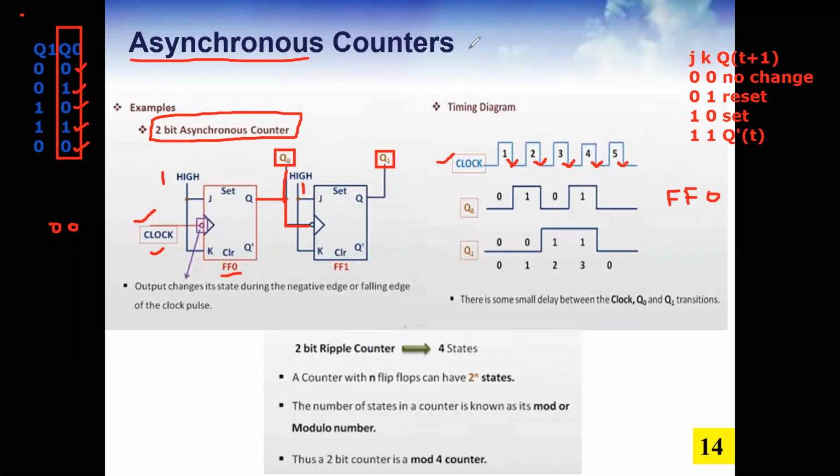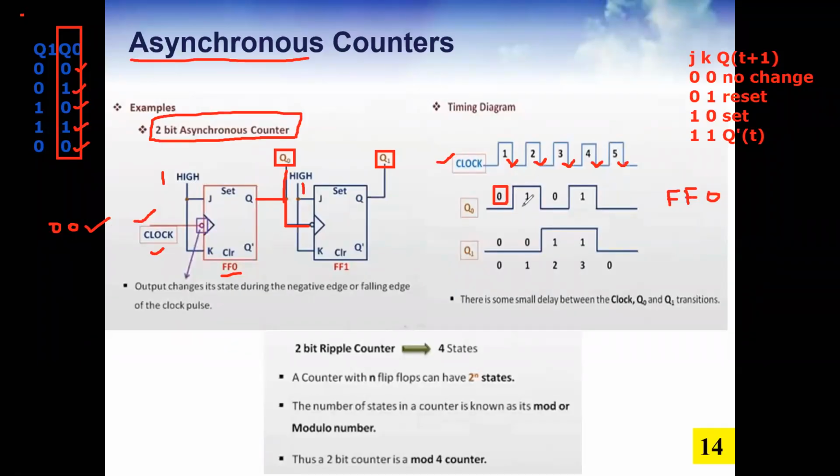All right. So now, as the clock comes, the status of both flip-flops is 0 0. Q0 is 0, Q1 is 0. As the clock comes, what will happen with this Q0, girls? Because both J and K are set to 1 1, the next value is going to be the complement of the previous value.